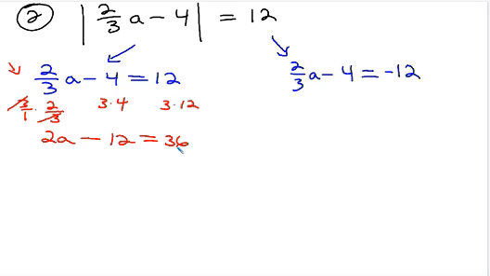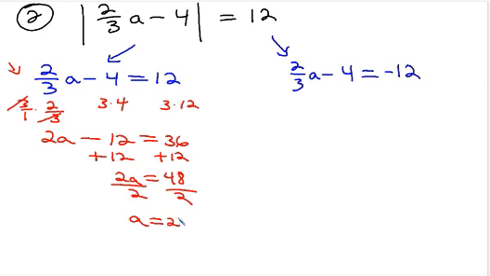That's the way I like to do this problem, is to multiply everything by 3 to get rid of fractions. And then I just finish solving it. Add 12, add 12. 2a equals 48. Divide everything by 2. One of the answers is 24. The other one, I'll do the other way.